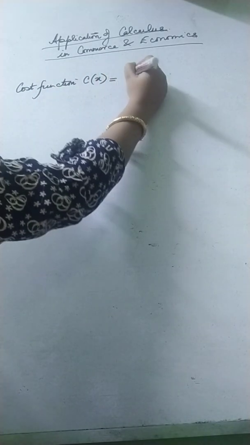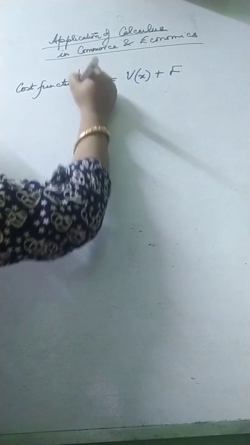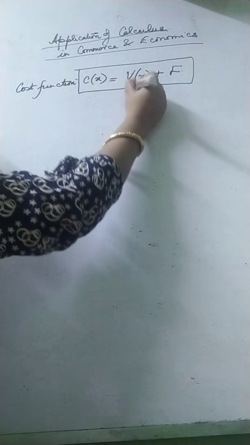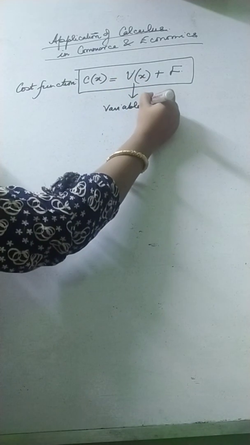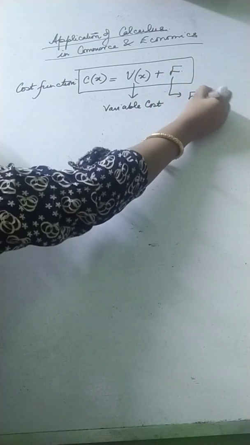It is denoted by C(x) because it is a function of x, where x is the number of units, and therefore this is given by the sum of two things. What is it? Let's see that. I have written V(x) plus F. What is V(x)? V(x) is your variable cost, and F is your fixed cost.